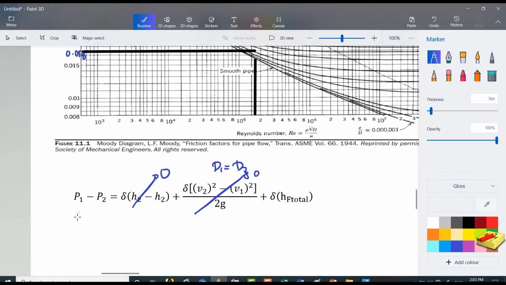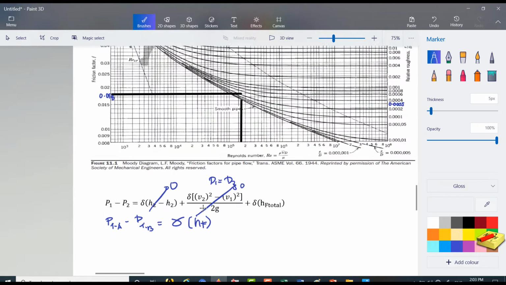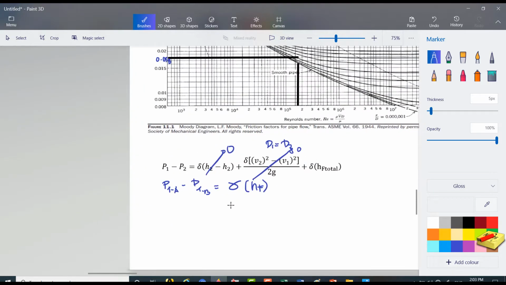So P1-A minus P1-B is equal to specific weight multiplied by the HF value, where HF is f times L over D times V squared over 2g.